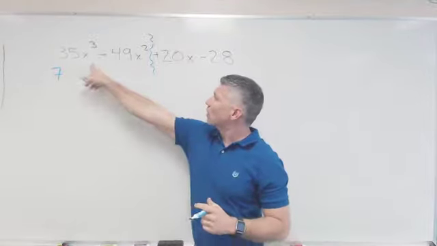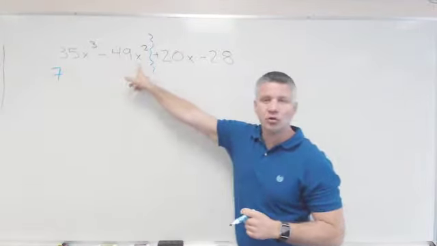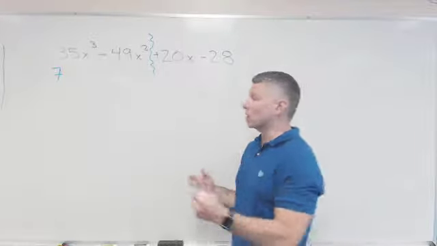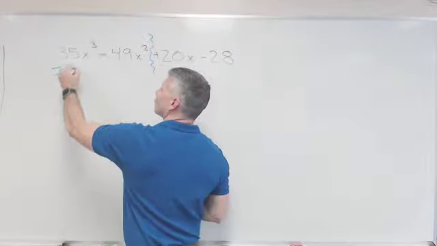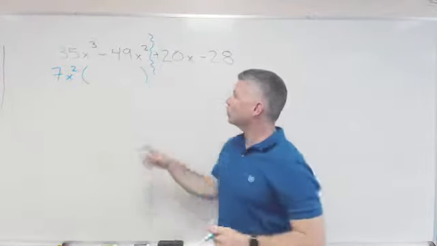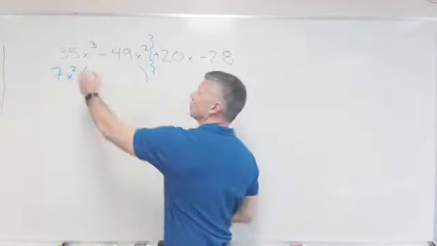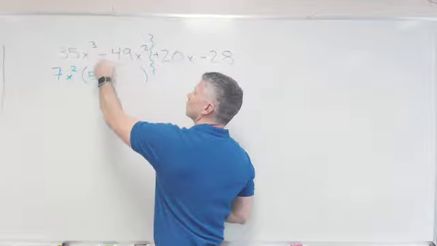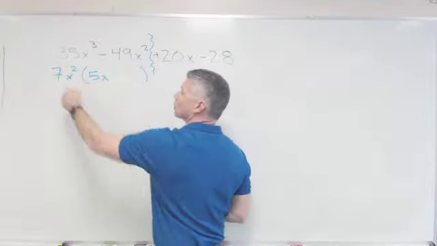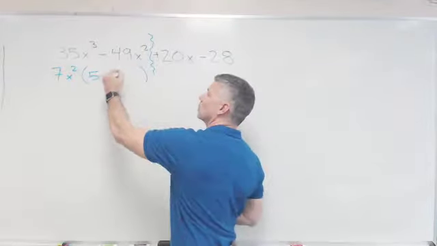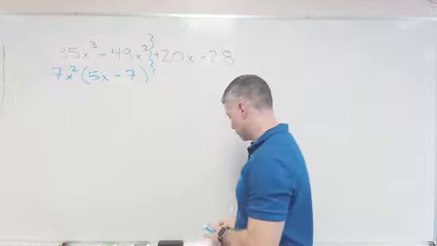And what about the greatest common factor of x cubed and x squared? X squared. What does that leave over? 35x cubed divided by 7x squared is 5x. Negative 49x squared divided by 7x squared is negative 7.